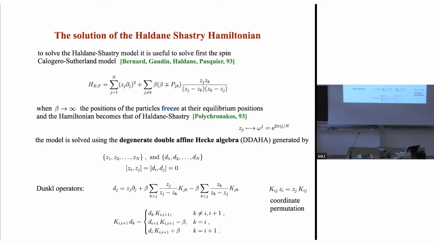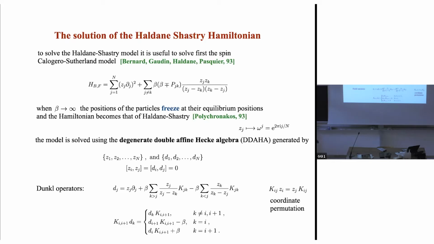When beta goes to infinity, there is a potential which tends to trap the particles in the minima of the potential. The minima of the potential, which is beta squared times this function here, are the roots of unity. This is what is called freezing.